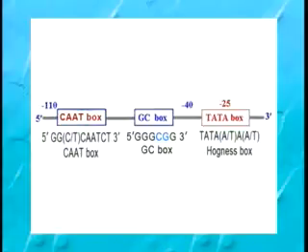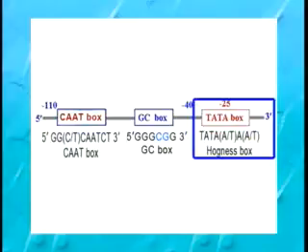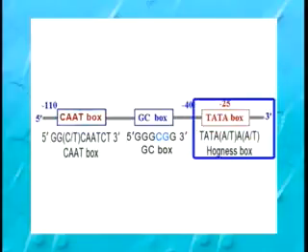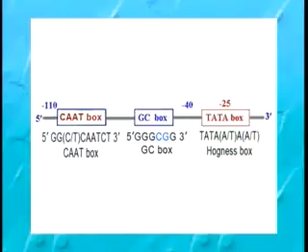The second region of eukaryotic promoter is a septanucleotide and is similar to the -10 region of prokaryotes. This region has a consensus sequence of TATAATAT and is called the TATA box or Hogness box.